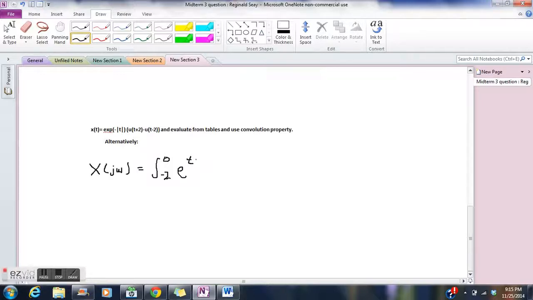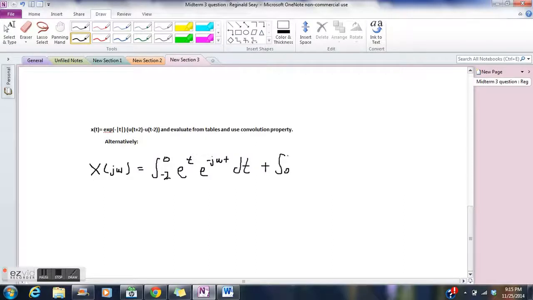We're going to evaluate this one like we did the other one before. So we have x of j omega, and these j omegas are in place of s's. If you were doing the Laplace transformation of these two, then they would be s's instead of j omegas. So basically, if you are familiar with Laplaces, the s's would be j omegas.